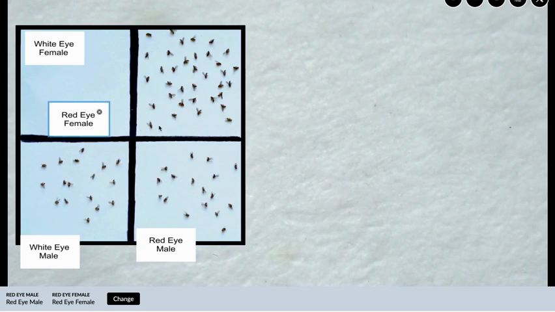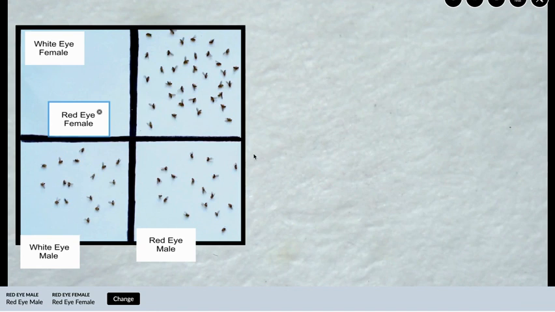I have no idea if I got the right number of females. I wish there was a little marker or something I could check them off. Okay, I got within 1 each time.